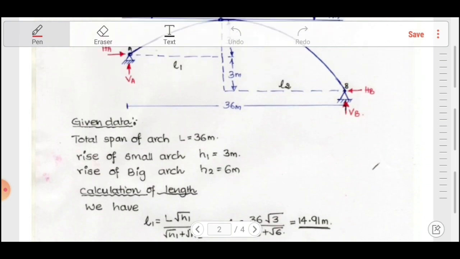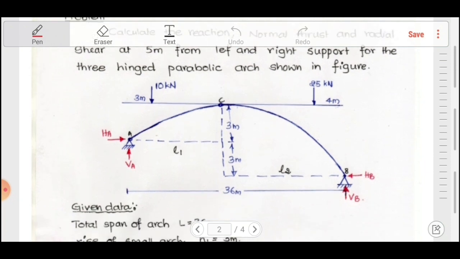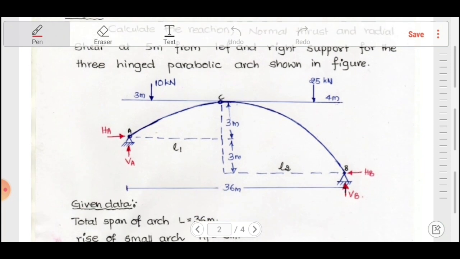And this is the problem. It reads, calculate the reaction, normal thrust and radial shear at 5 meter from left and right support for the 3-hinged parabolic arch shown in figure. Okay, you can see a 3-hinged parabolic arch with supports at different levels, and the loading is given.